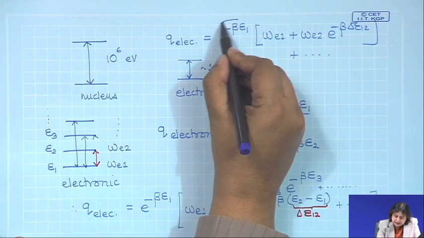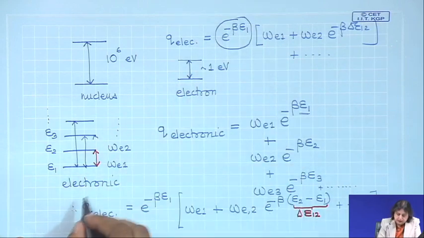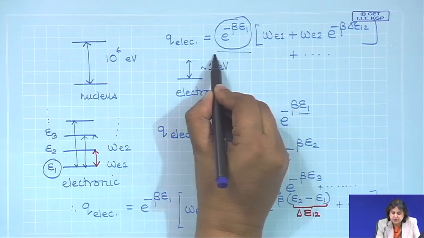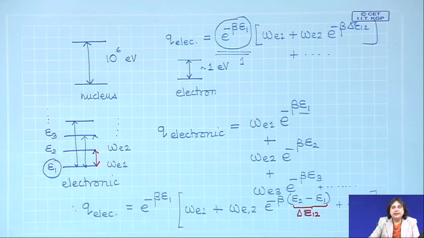Now, if I set the absolute value of epsilon 1 to be the 0 of my energy scale, then this term becomes equal to 1, and that is exactly what we have written here.